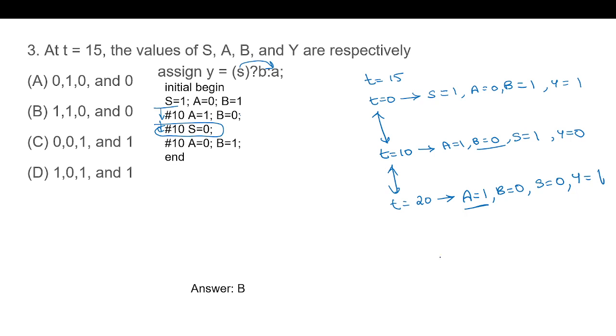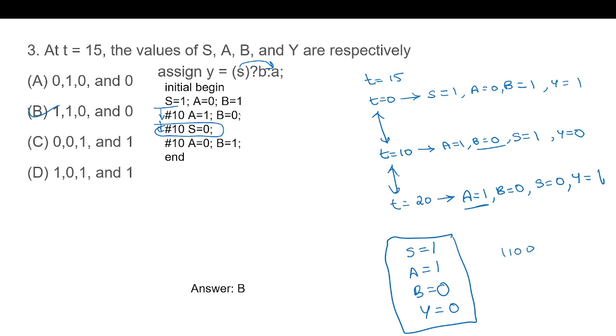So the correct answer is S is equal to 1, A is equal to 1, B is equal to 0, and then output is equal to 0. Option B, 1100, because 15 unit will be somewhere here. So only this statement will be executed.